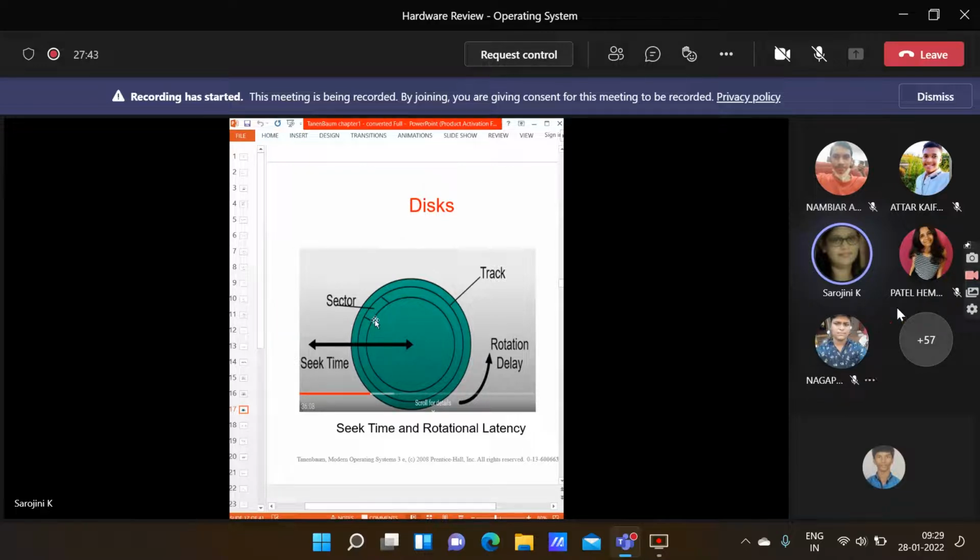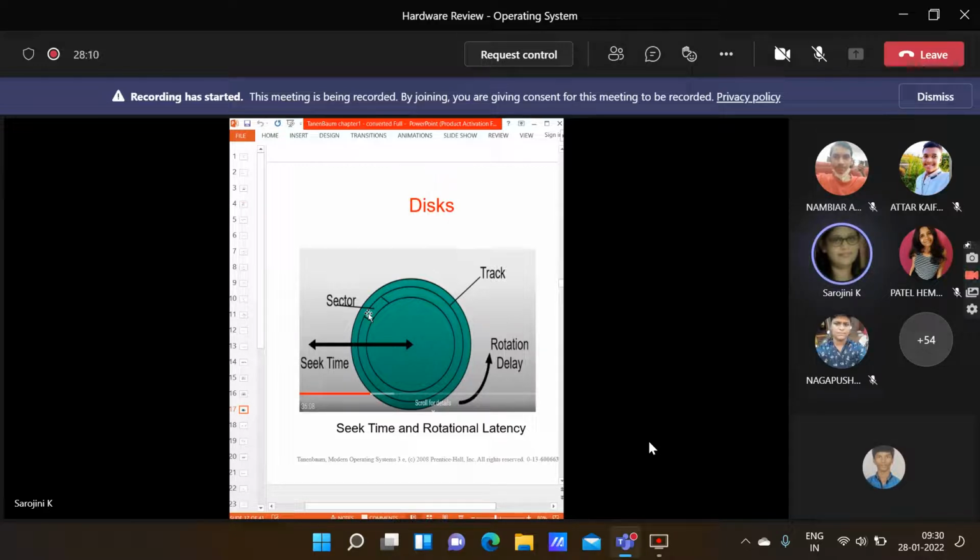For example, assume an upward arrow and a downward arrow. Downward arrow denotes bit 0, upward arrow denotes bit 1. So you can magnetize. If you magnetize this particular cell, it means you wrote some data in this cell. Data means what? Either 0 or 1. That only you can write, no?